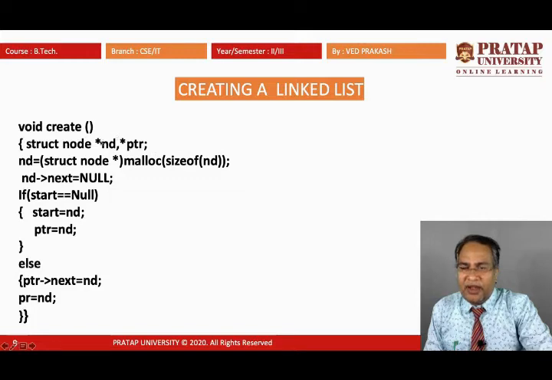When we define the new node, this new node pointer is used to create a new node. For creating a new node, we give the statement ND equals to struct node pointer malloc sizeof ND. Using this statement, we design a new node, and this new node has memory space which is divided in two parts: first one is data and second one is info.